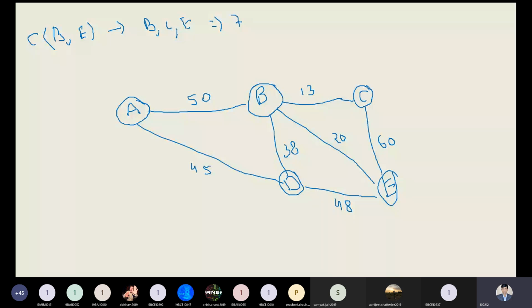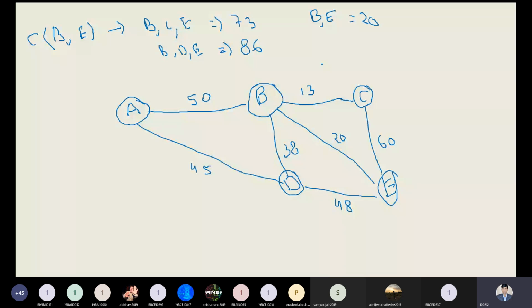Okay. And the next path we have is B, D, E. So we need to pick B, D, and E. So I can take 38 plus 48, so definitely it would be 86. And another direct path I have, that is B, comma E, that is 20.